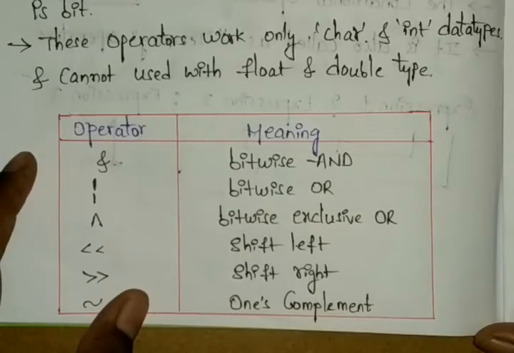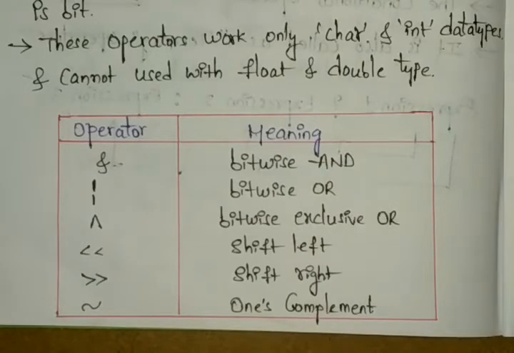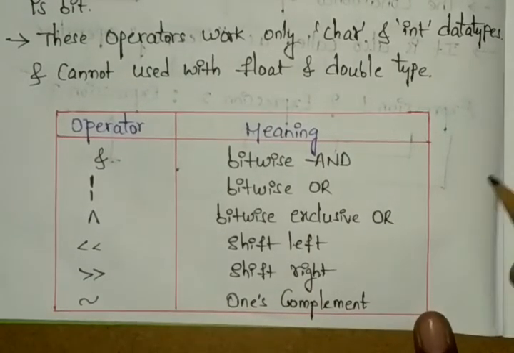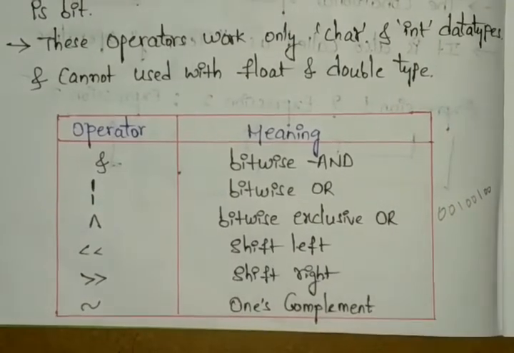These are all done in our bit format. Bit format means it will have 0s and 1s only. Whatever operator you use, it performs on the bit values only. So like 0 0 1 0 0 1 0 0, like this we have, right?